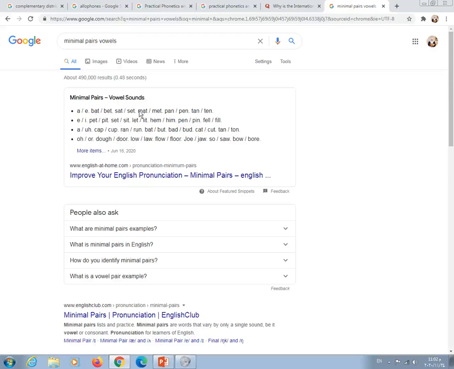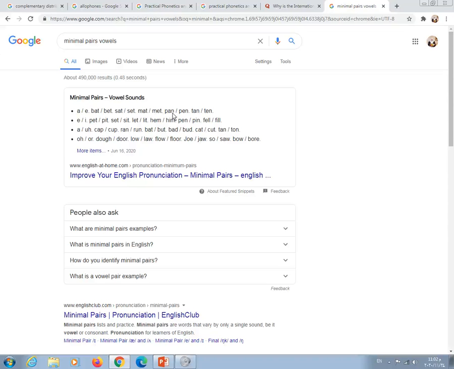Okay, look at mat and mat. When we change the vowel and replace it by another, we get two different words. So there is contrast here, and changing a phoneme leads to a change in the whole word. So this is a change that matters, and this is a phonemic change, not an allophonic change.